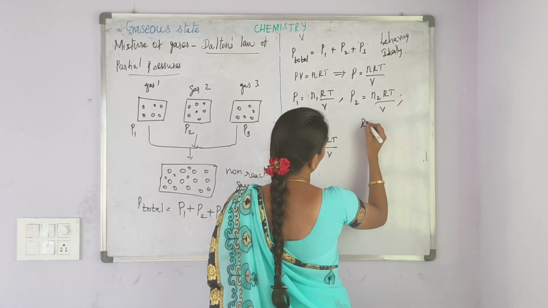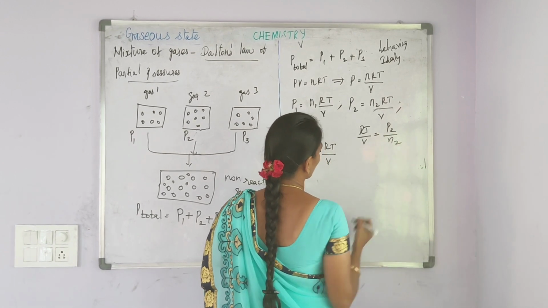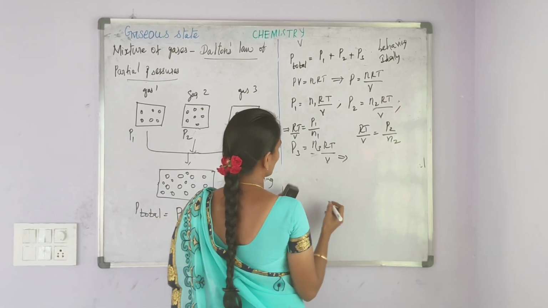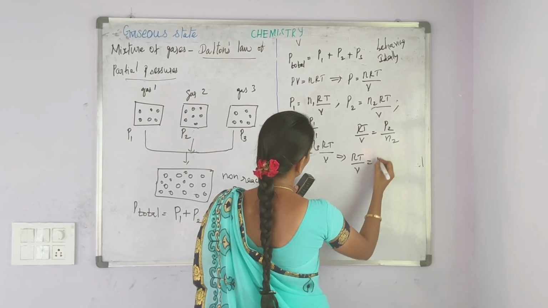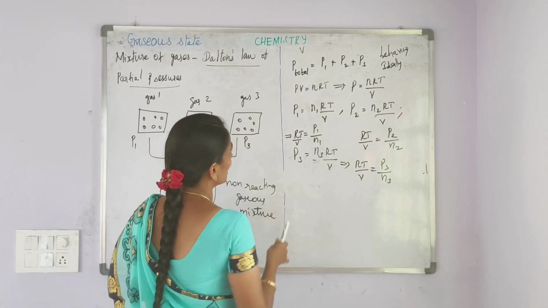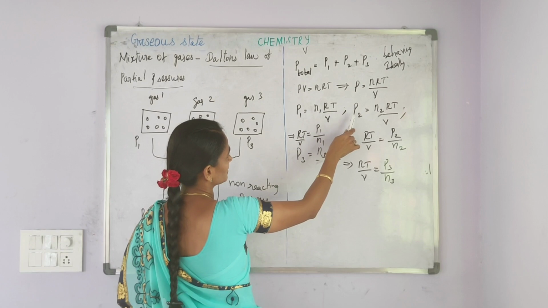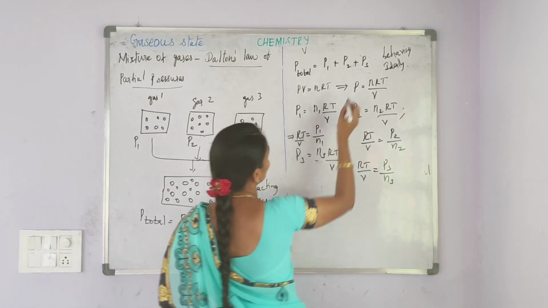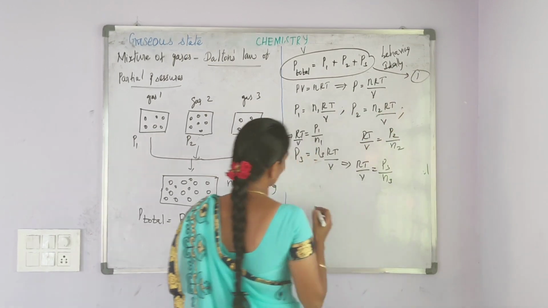Now, RT divided by V is equal to P1 divided by n1. Here RT divided by V is equal to P2 divided by n2. Here RT divided by V is equal to P3 divided by n3. Now I am substituting the values of P1, P2 and P3 in equation number 1.